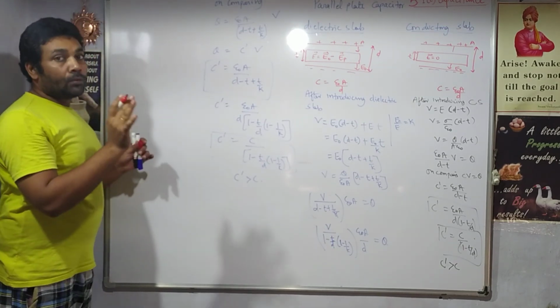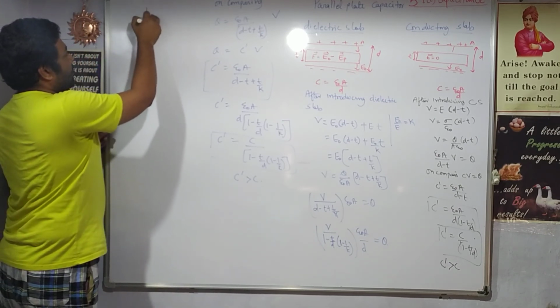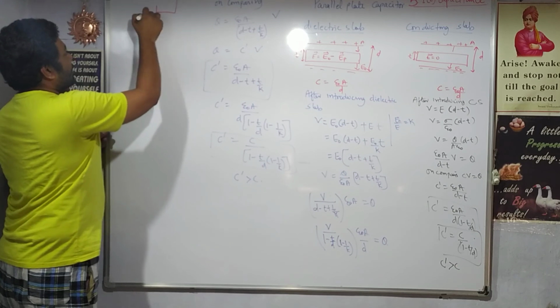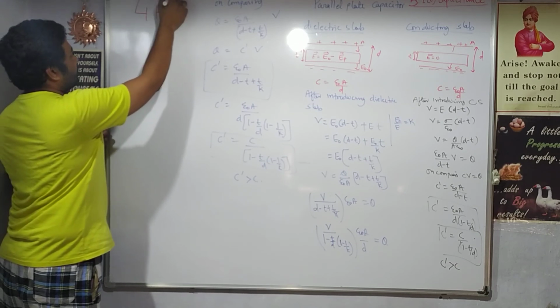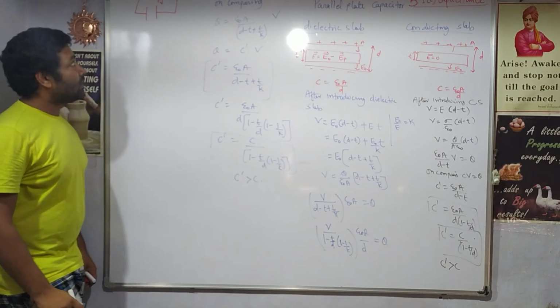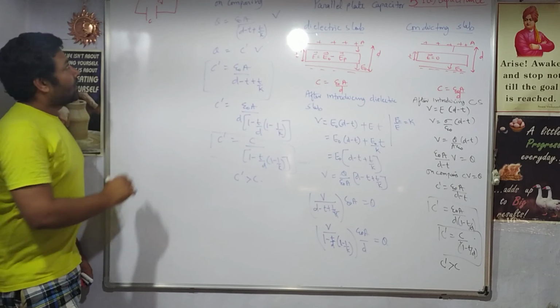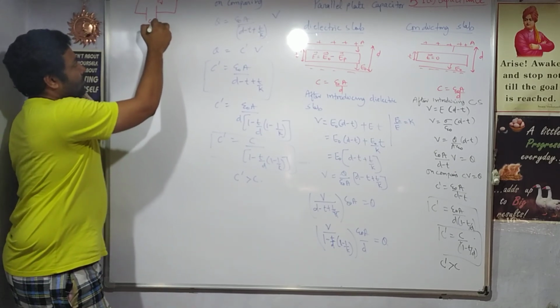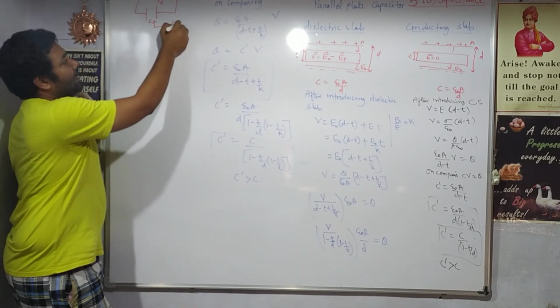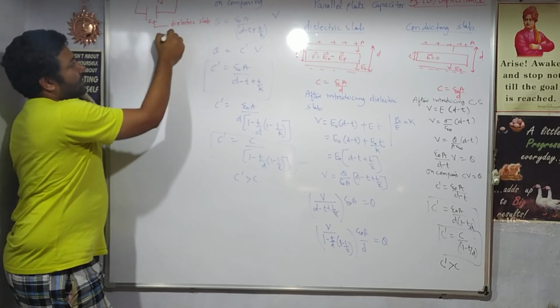What happens to the Q, V, E and the internal energy? Let us say I have one capacitor and this capacitor is connected to a battery of V volt. This capacitor has some capacitance C. Now what happens if I introduce a dielectric slab or a conducting slab?